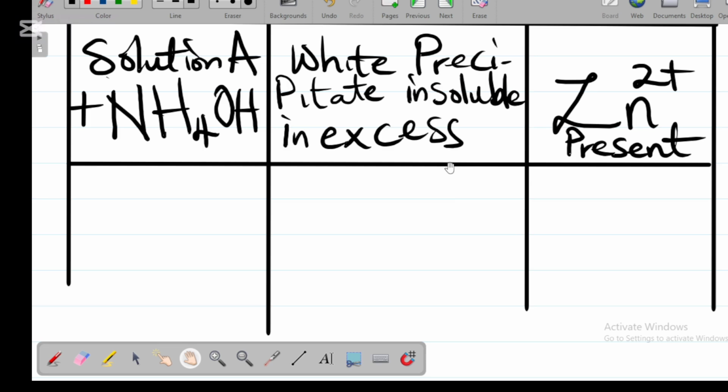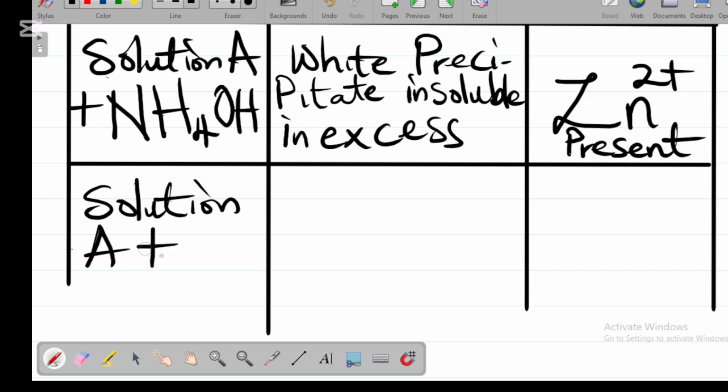Now let's consider the last one for sample A. Solution A plus barium nitrate.